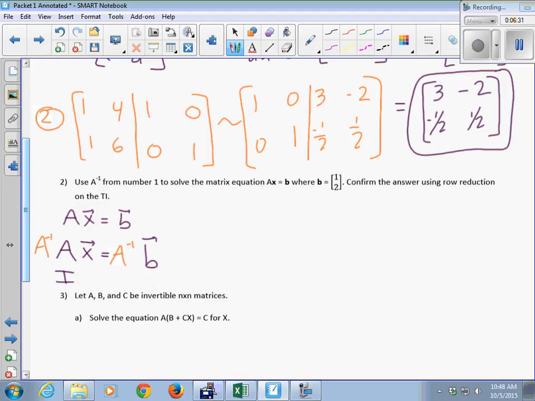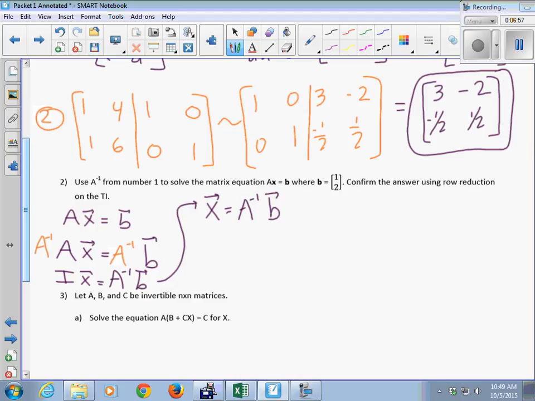So I get the identity times X equals A inverse B. But what is the identity times X? X. The identity is the matrix that functions like 1 does on the real number line. When you multiply by it, it just gives you that thing back, right? So X, we can calculate by just doing A inverse times B.